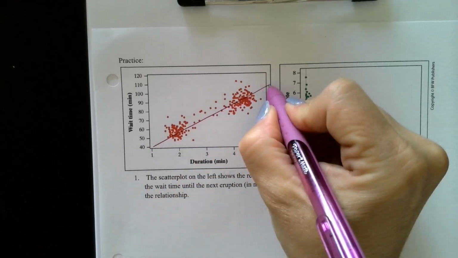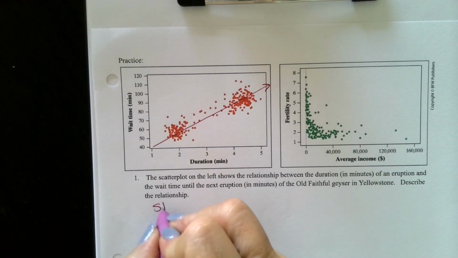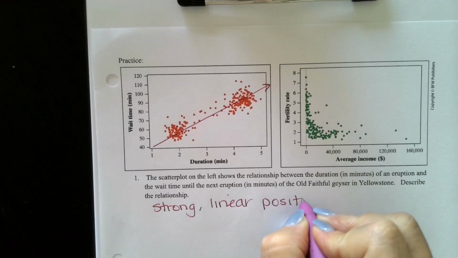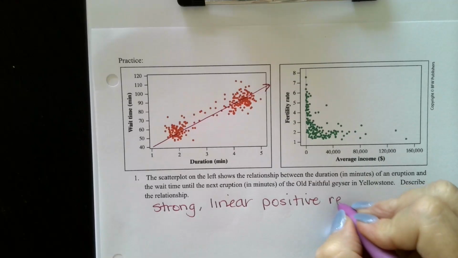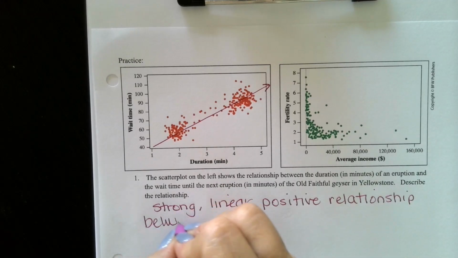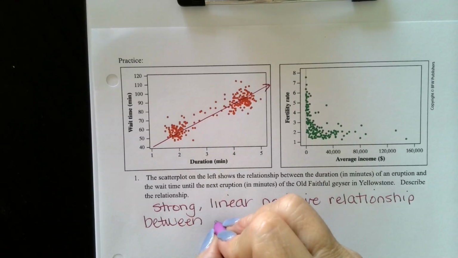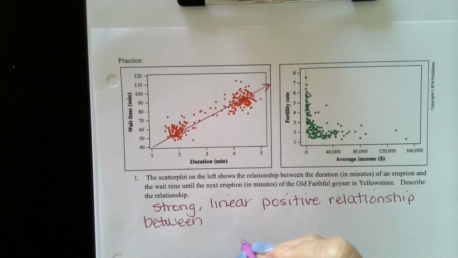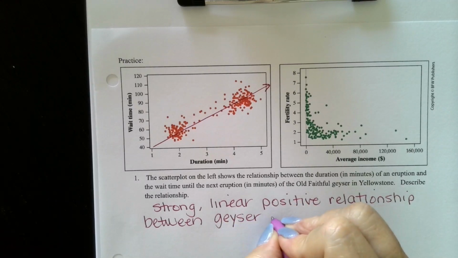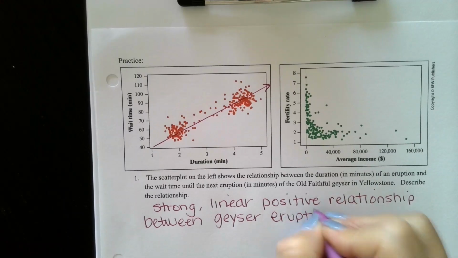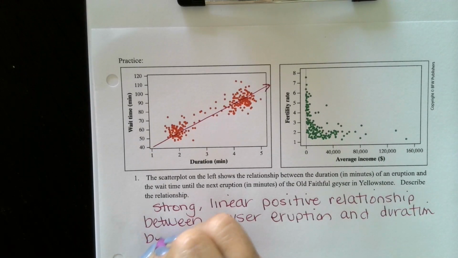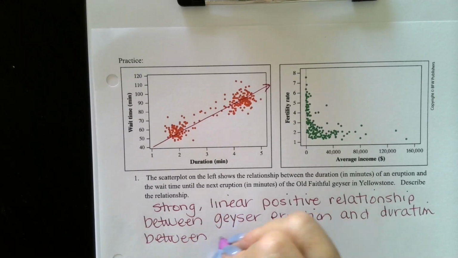If I draw this line through here, I would have a strong, linear, positive relationship between, let's see, I want to say geyser eruption and duration between eruptions.